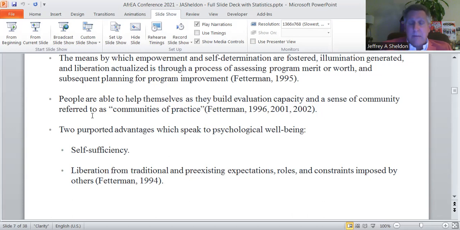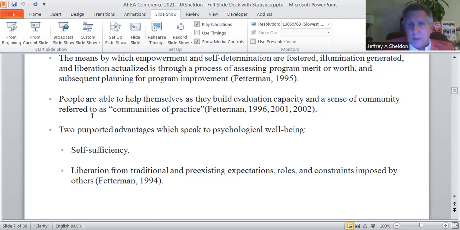So it's teaching people to generate their own data and interpret that data, and then being able to use the findings, having the self-efficacy to use the findings. Use objective research methods to come up with valid findings, and using those findings to promote social change.